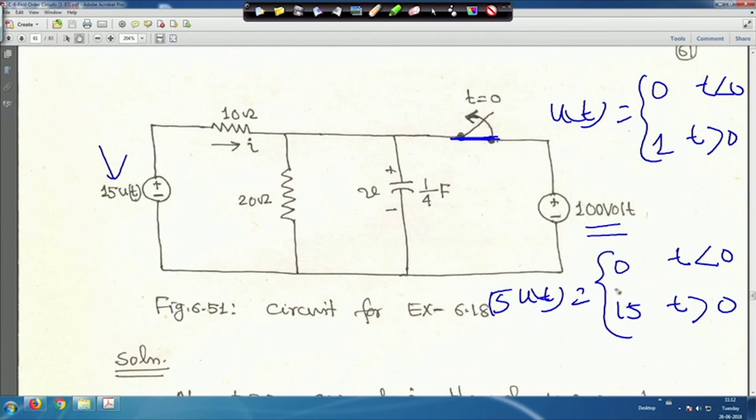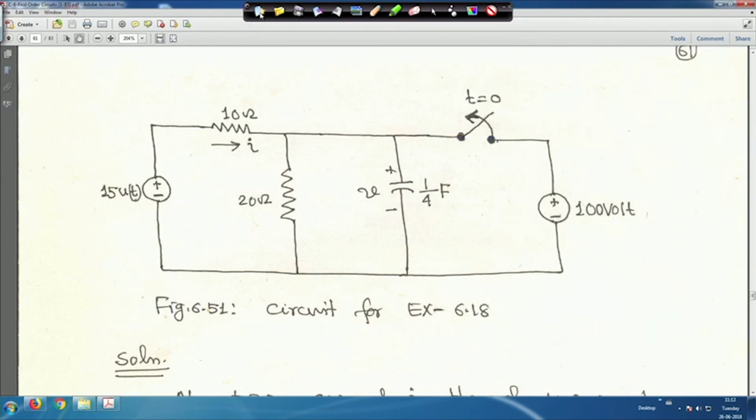So this 15 u(t) is equal to 0 for t less than 0, that is the past history. That means the switch was closed for a long time.